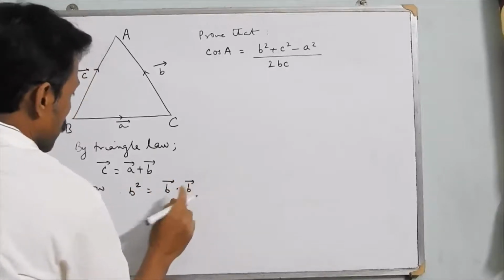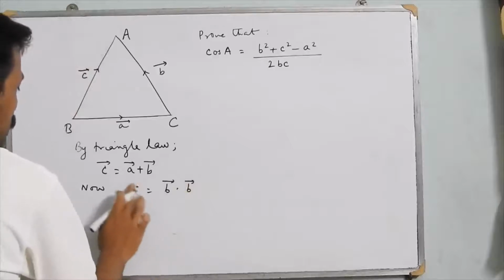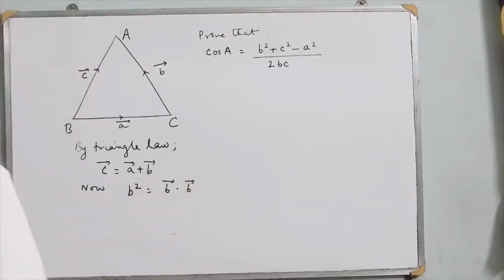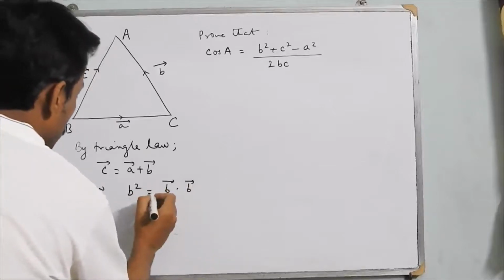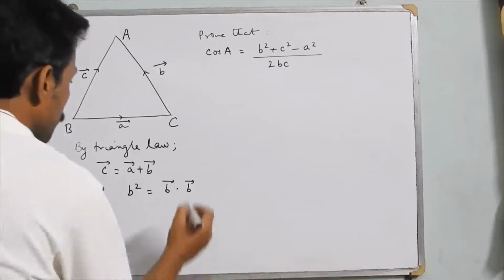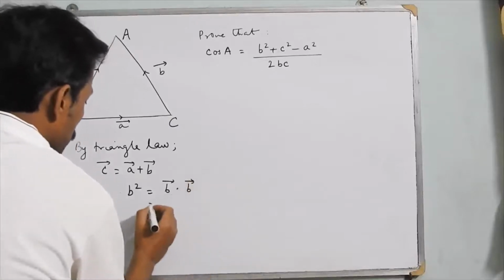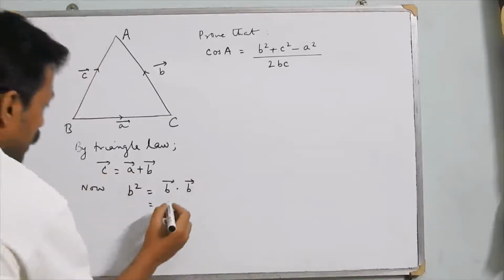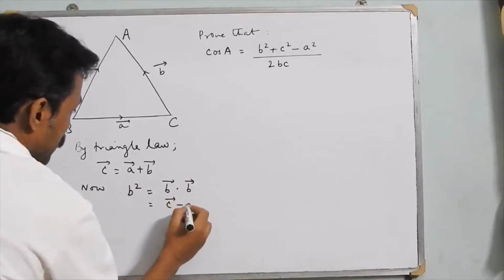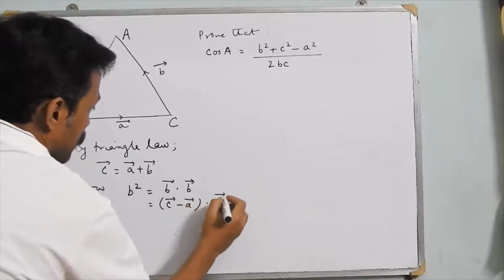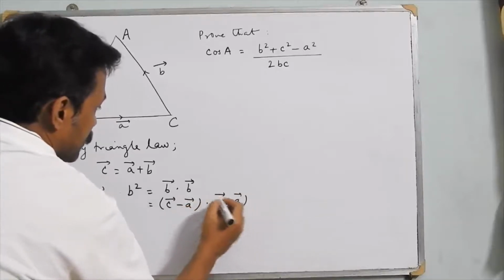If you remember the properties of dot product, then obviously you can say that B square is equal to B vector dot B vector, which means B square equals, instead of B vector, I can write it as C vector minus A vector dot C vector minus A vector.